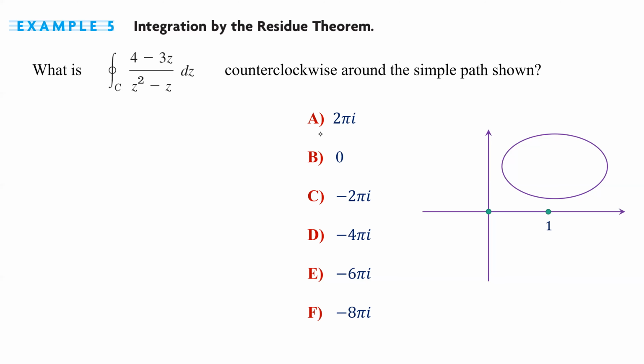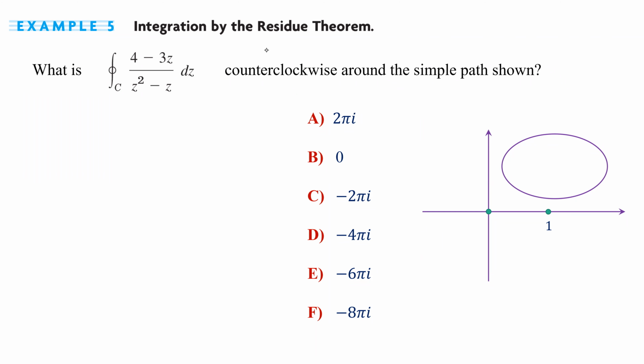It's 2 pi i. All right. Is z equal to 1 inside the path? Oh, my bad. Yeah, you see, the singular points are outside the path. So that means the function is analytic everywhere in this region.